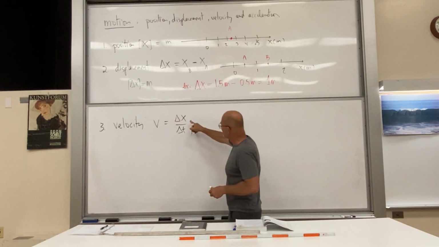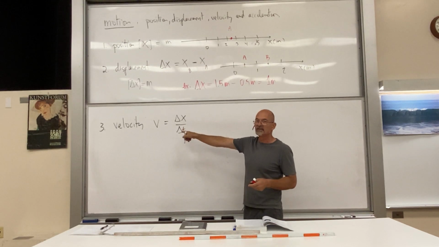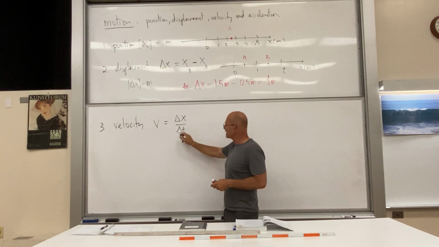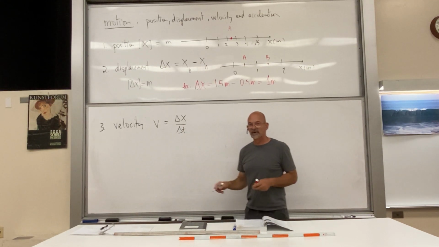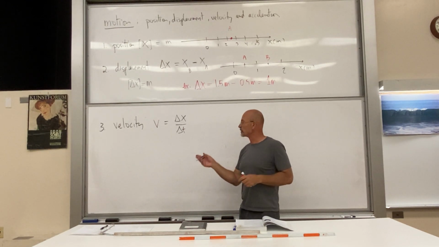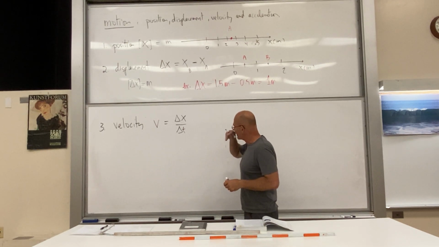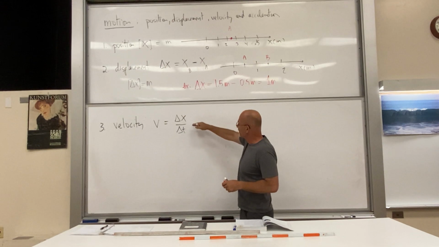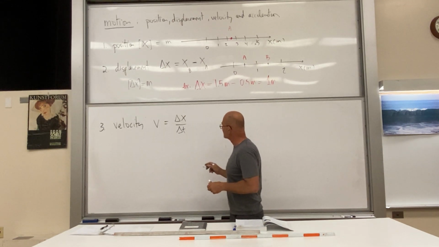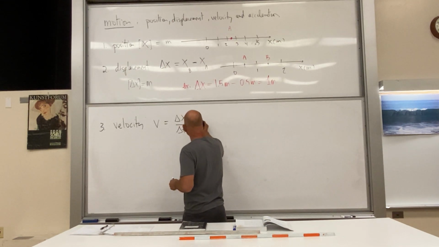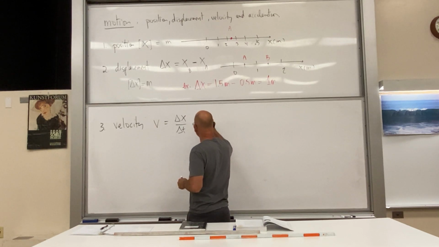We already know what delta x is. That's a change in position, it's a displacement. Delta t is simply a time. Time or change in time, it really doesn't matter. I'm just doing this for the symmetric look of it for now. Delta x over delta t, so that's displacement over time.